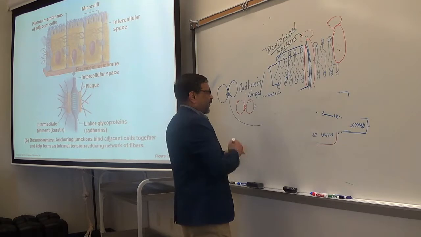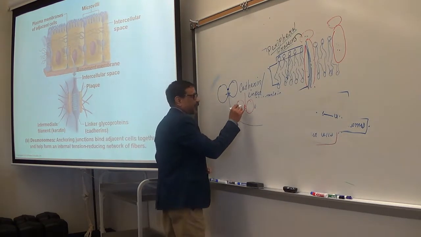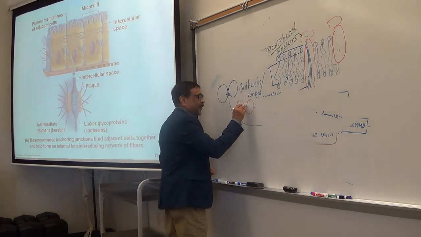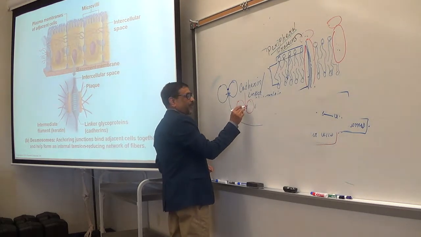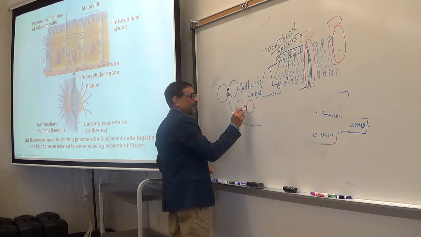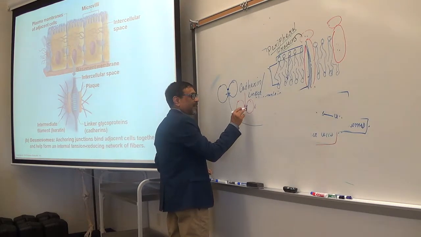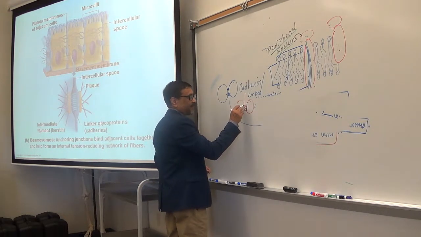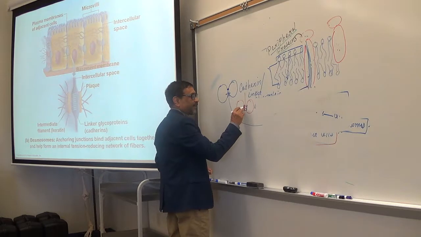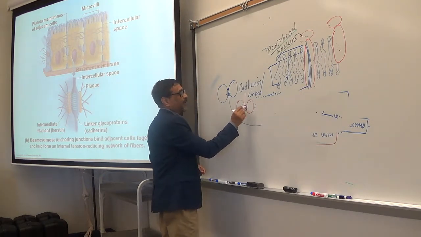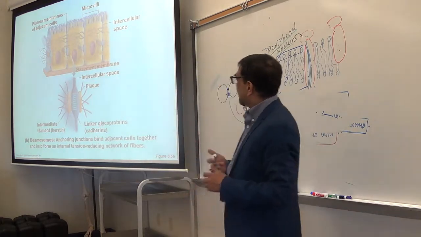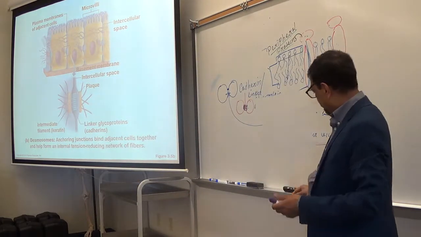Let me show here. This is inside the cell membrane, so you have plaque. From the plaque, the cadherins come out like this. This side you also have plaque and cadherins. Okay, so that is the desmosome.